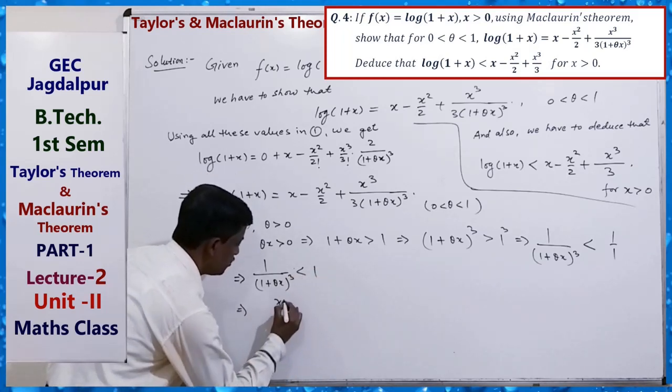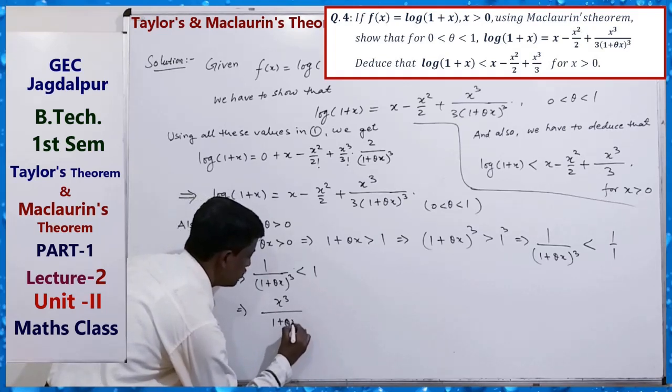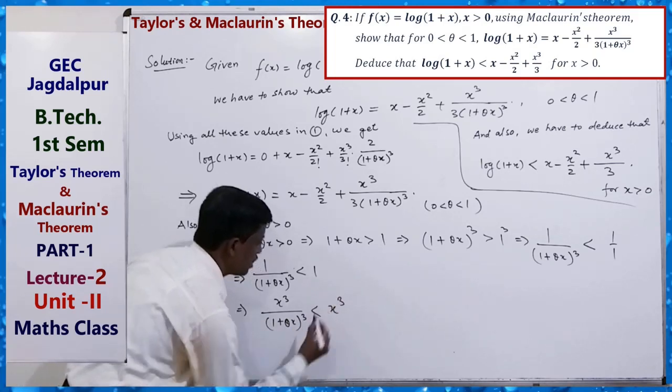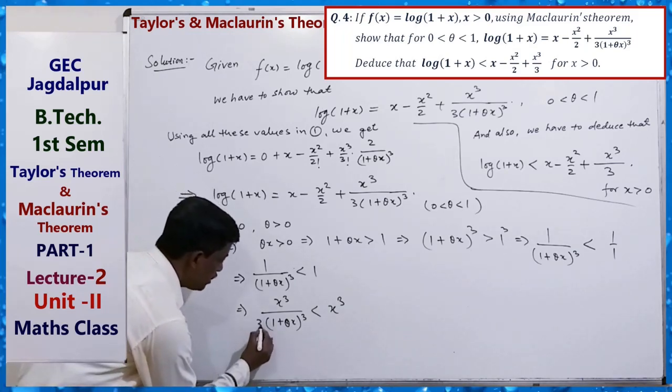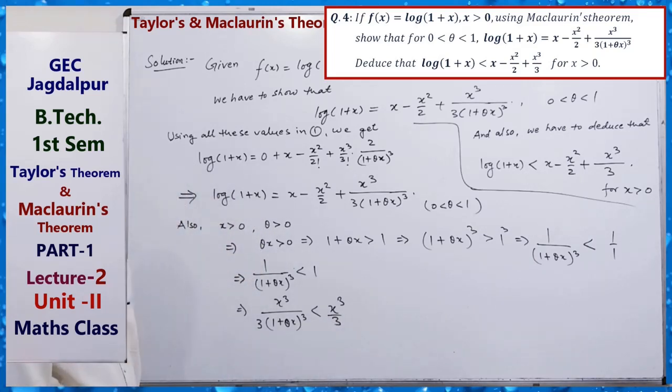Multiply x cube on both sides, since x is greater than 0. We can write it like this. Clear?